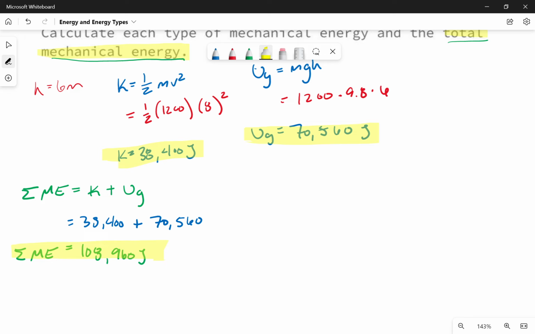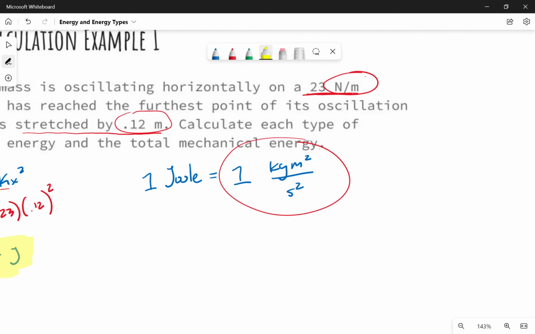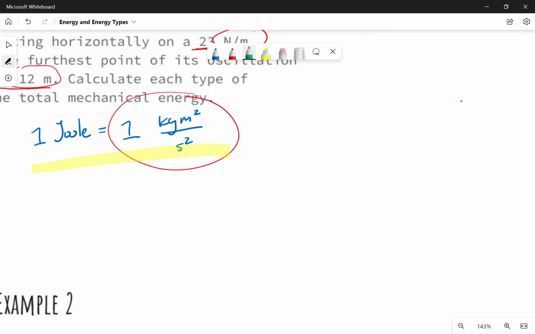Now, one last thing before I wrap this up is that I told you we'd come back to this idea of a joule, right? So I told you previously that a joule is 1 kilogram meter squared per second squared. I think the easiest thing to do here to show you this is a dimensional analysis. So if I use gravitational potential energy for this, mass is measured in kilograms.